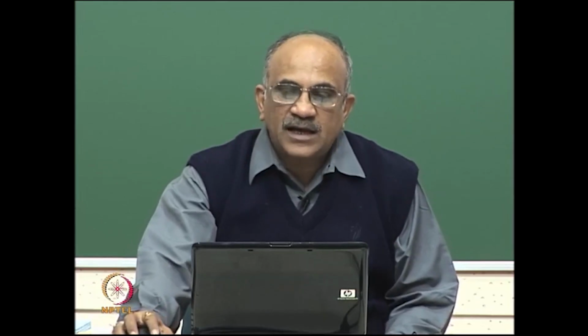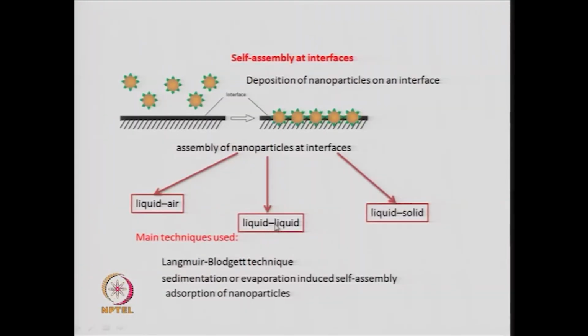That will give rise to this liquid liquid interface. Then you can have a liquid in contact with a solid, and that will give you a liquid solid interface. That can be very easy. If you have, say, a silica surface and on top a drop of water, it will create an interface between the liquid and the solid.